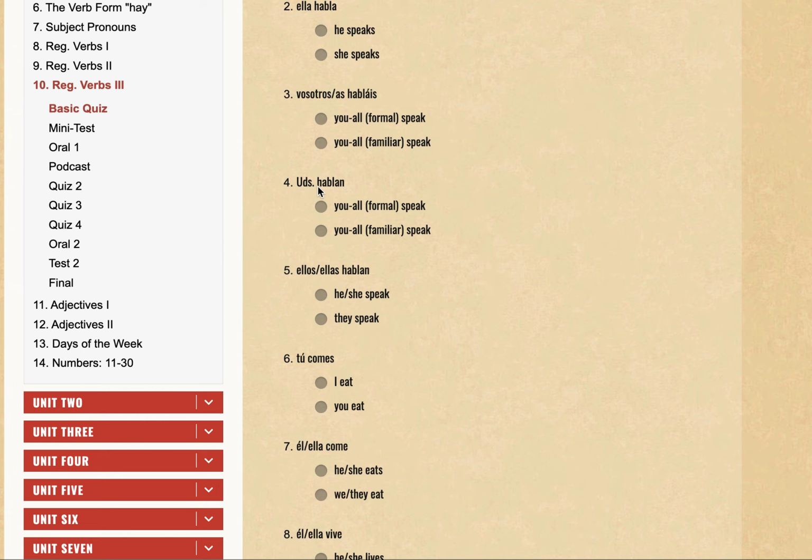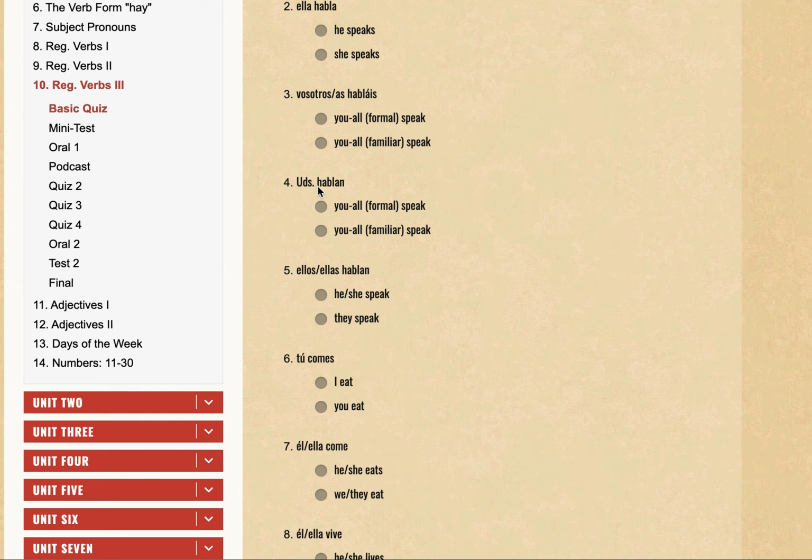And both come under the group of ellos and ellas, and in terms of the conjugation rule, right?